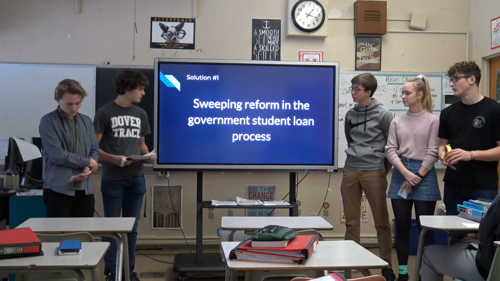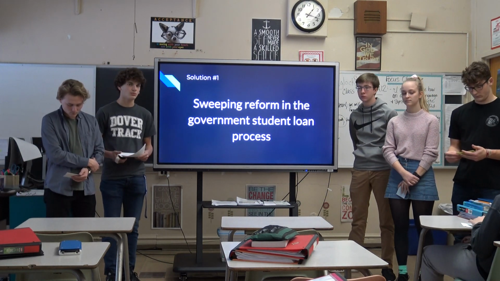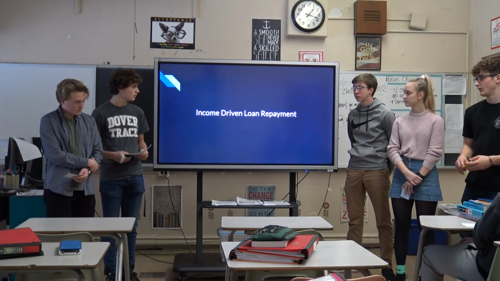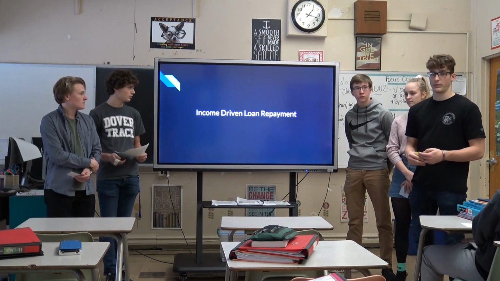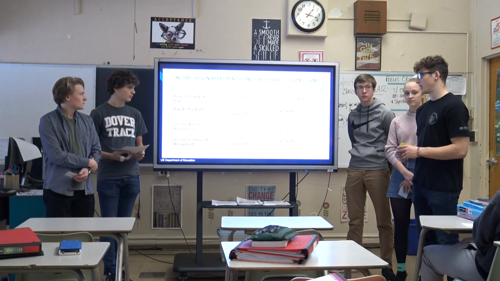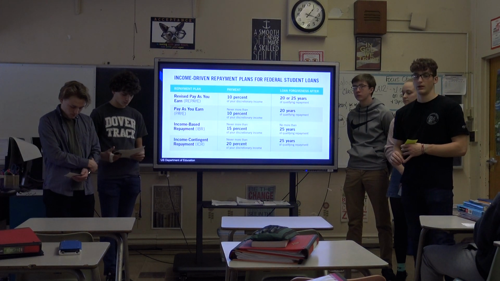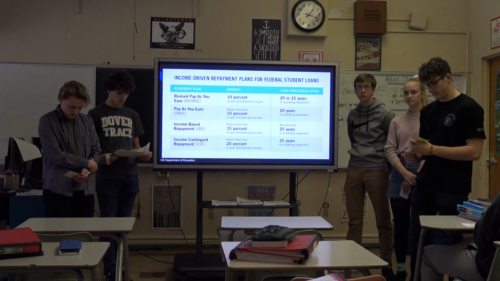The first of those solutions is to enact sweeping governmental reforms in the process in which student loans are given. The first part of this reform is income-driven loan repayment. Income-driven loan repayment is a system that will help low-income students with their high college debt.